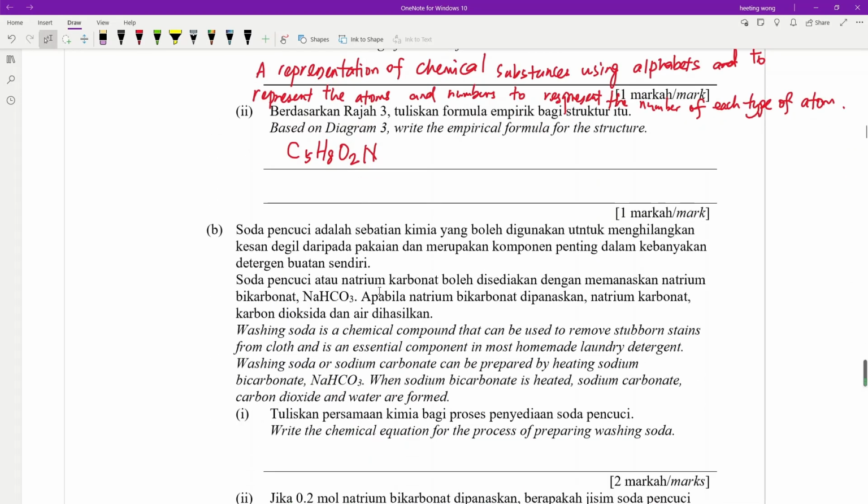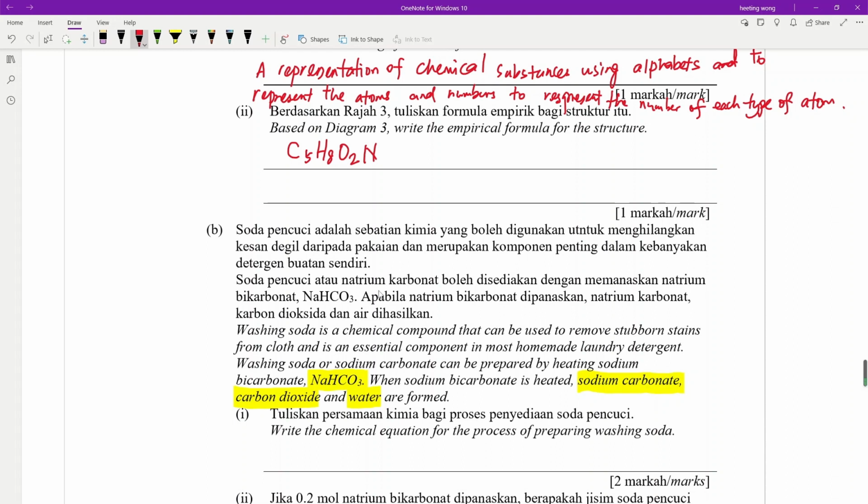Now washing soda is a chemical compound that can be used to remove stubborn stains. It can be produced when the sodium bicarbonate, NaHCO3, is heated, and sodium carbonate, carbon dioxide and water are formed. So how are we going to write the chemical equation?